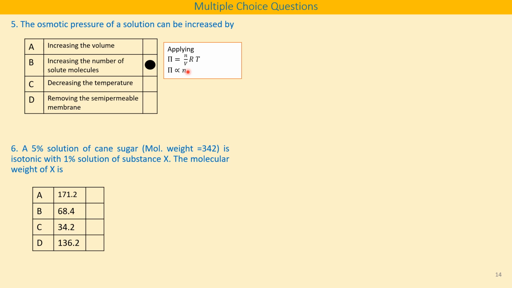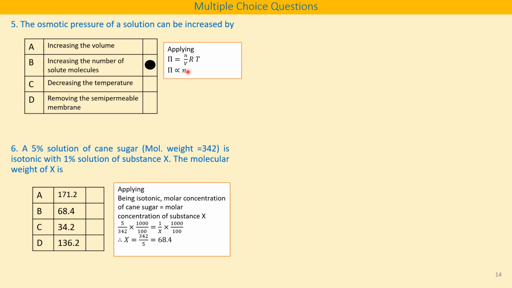You please read it and analyze the problem. So we know that isotonic solutions are those solutions having the same osmotic pressure at a given temperature.